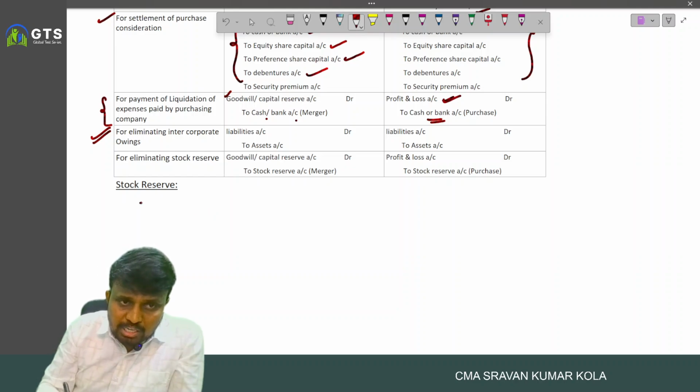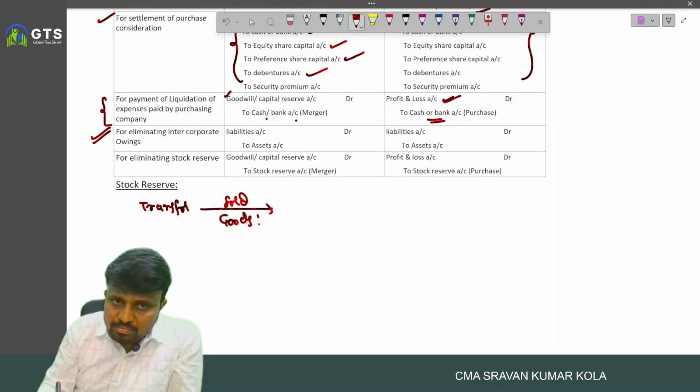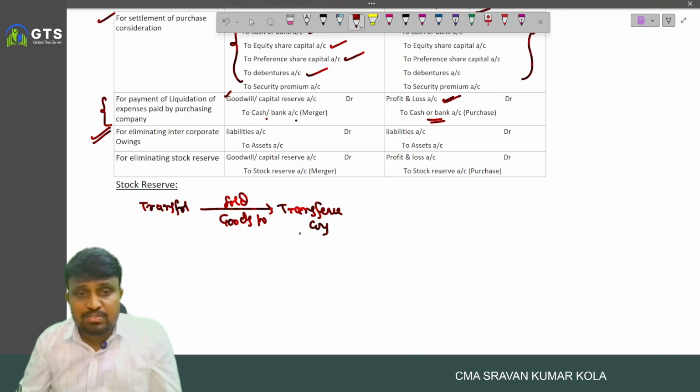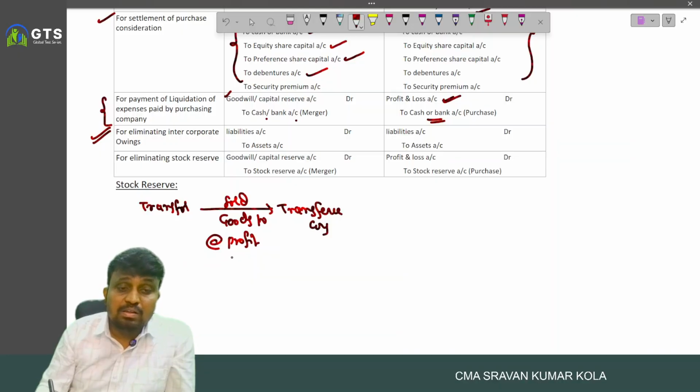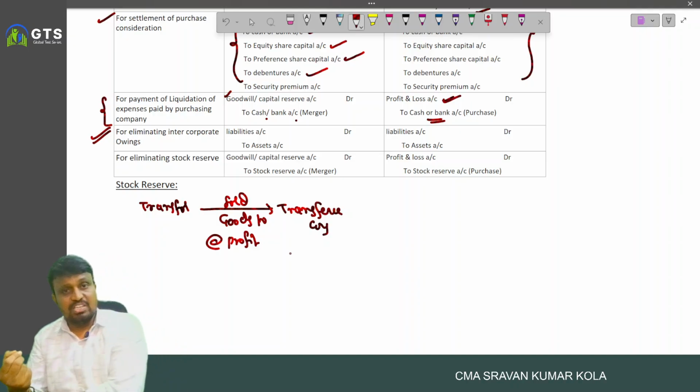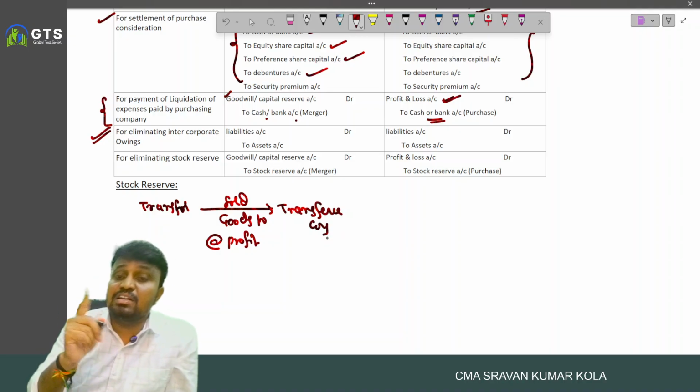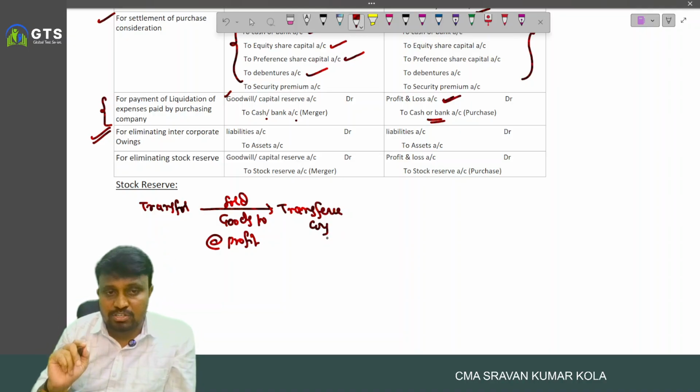For example, if the transferor company sold goods to the transferee company at a profit, and any unsold stock is lying with the transferee company, then on that unsold stock, what do we have to eliminate? Stock reserve.